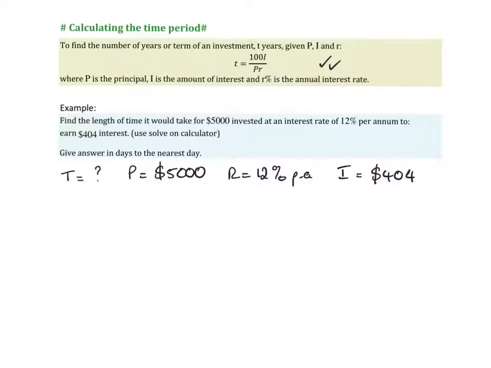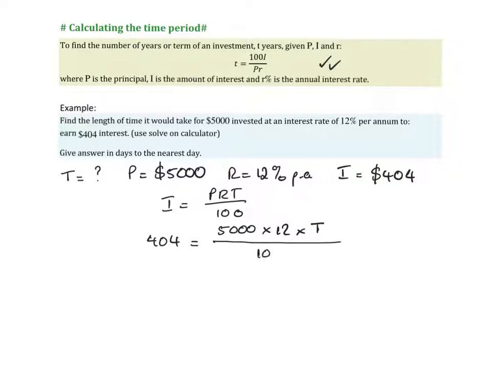All right, again, our basic rule, I equals PRT on 100. So I, which we now know is 404, is equal to 5,000 times 12, because that's my R. This time I'm looking for T, and that's all over 100.